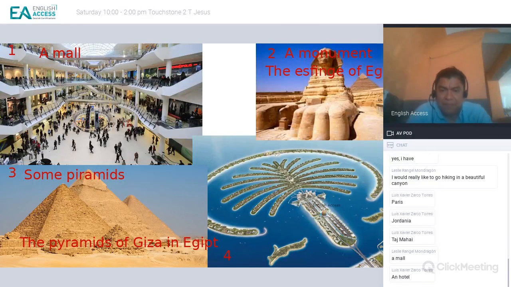Yes, but unspecific. An artificial island. Oh, this is incorrect. An artificial island. Maybe an island. Yes, an island. Yes, artificial, man-made.